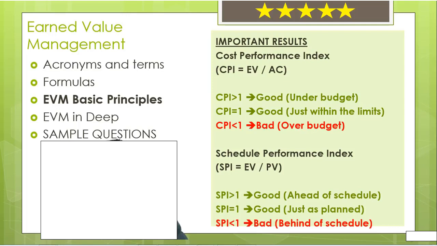SPI greater than 1 means we are ahead of schedule, and this is a good thing. SPI equals 1 means we are just on schedule. We are doing work just as we planned. Therefore, this is also good. But if SPI is less than 1, this would be bad, since this will tell us we are behind the schedule.